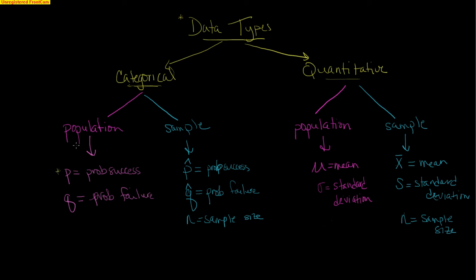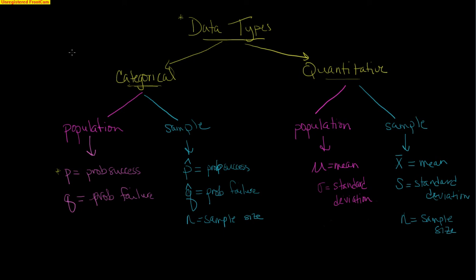And that's where we get into the P's and Q's. So for example, when we talk about P being the probability of a success, let's say the question was, what percent of community college students like ice cream? You would put that in the form of a question. Do you like ice cream? That's categorical data.